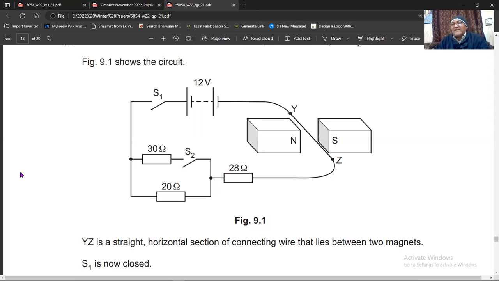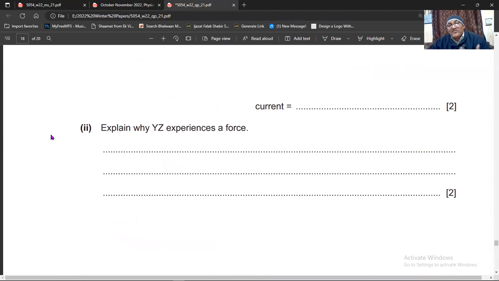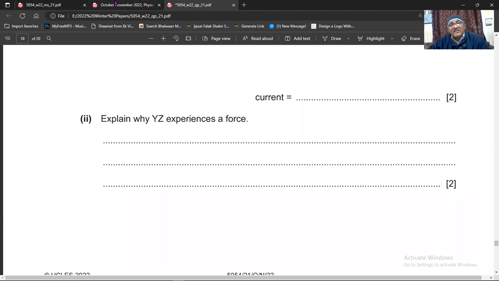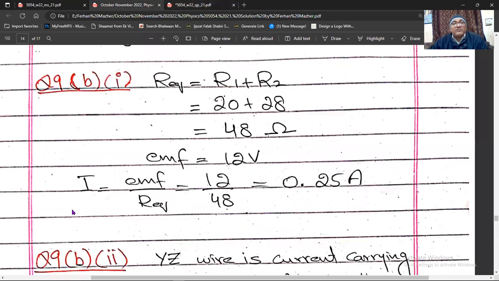So above the wire, the magnetic field will become very strong. Below the wire, the magnetic field will be weak. So what will happen? This wire will go downward. So due to the interaction of the magnetic fields, the wire will experience a force. We call it the motor effect.